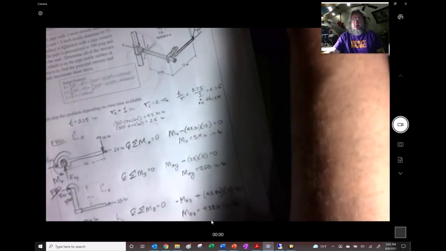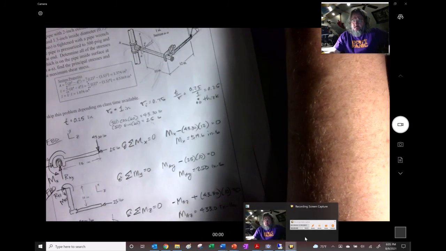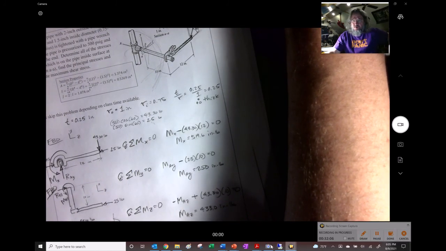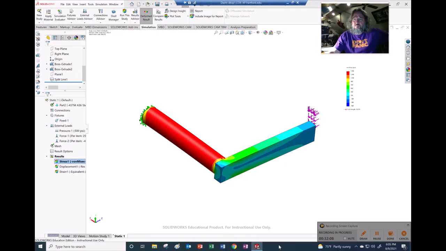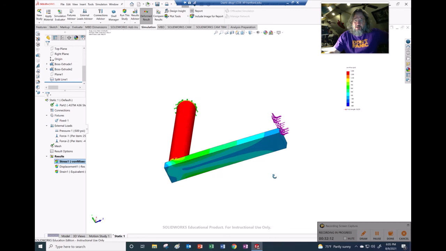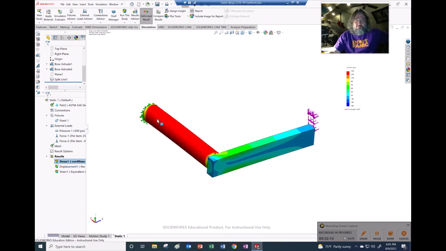I went ahead and made a SolidWorks model out of this. The problem is already 32 minutes long, but let's see if you have a little bit more patience. I did a couple little tricky things as part of this.